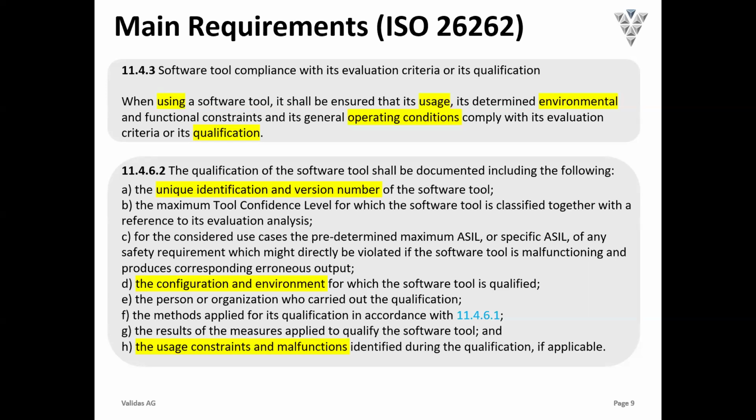And that's why Jörg mentioned, hey, you have to have a tool safety manual, and that's also the most important document. Of course, the qualification report documents that you have done everything correctly, prevents you from going to prison, whatever. But for the practical use, the tool safety manual is the most important document.